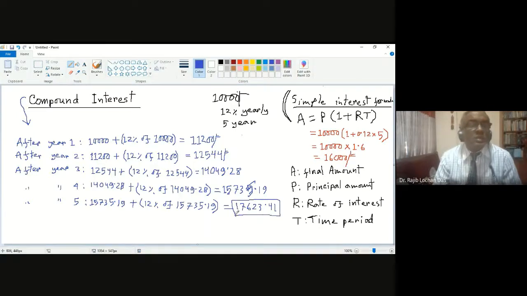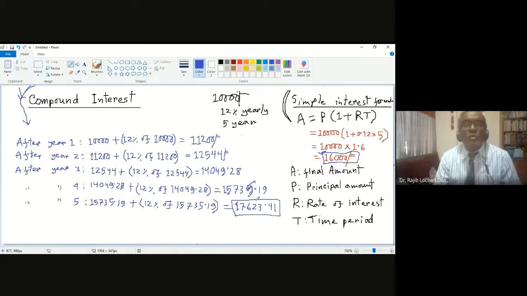And in the simple interest system, this is 16,000, simple 16,000, that's it. So there will be more amount in the compound interest system. So why it is more? Because every time it is interest on the previous year interest. So it is getting more every year.